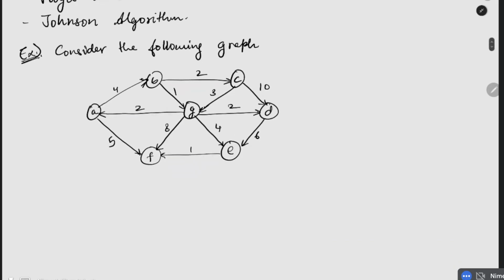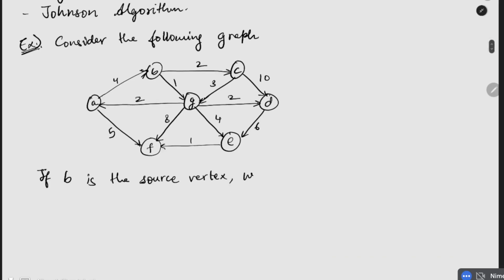Right? And what we have been asked is if B is the source vertex, what is the minimum cost to reach F?